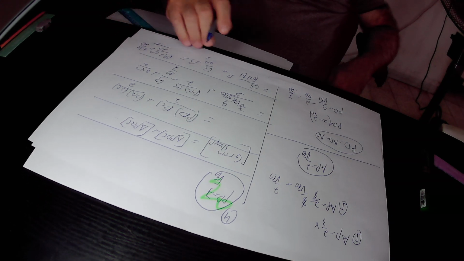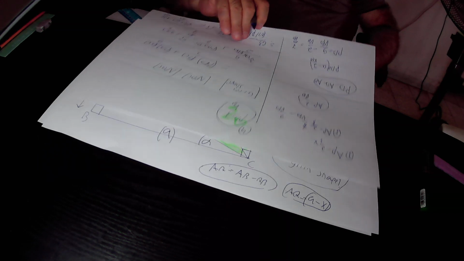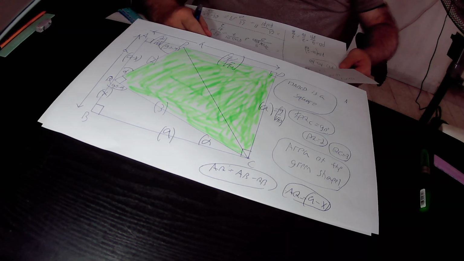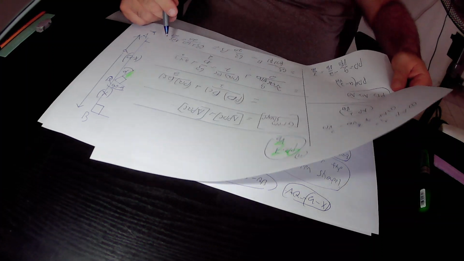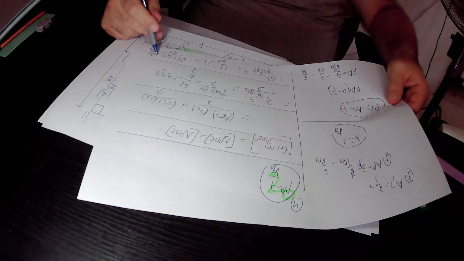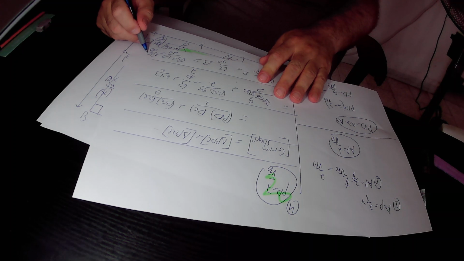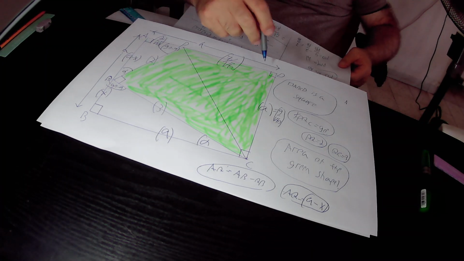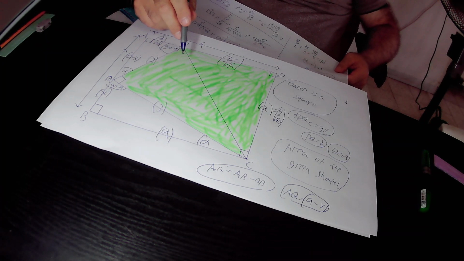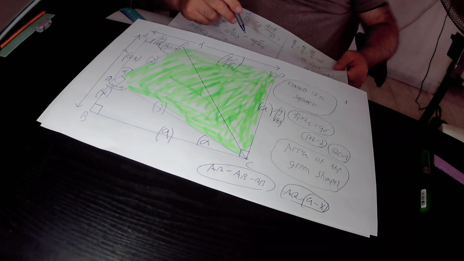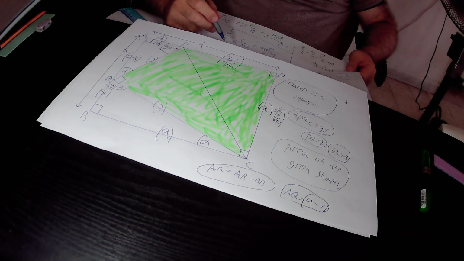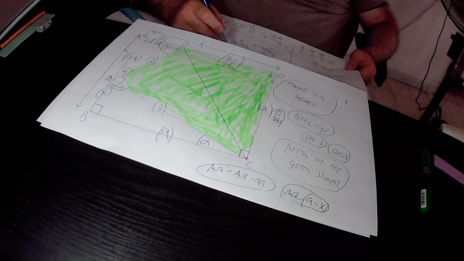So the area of this green shape is equal to 123 over 20 square units. In terms of numbers, the area of this green shape is equal to 6.15 square units.